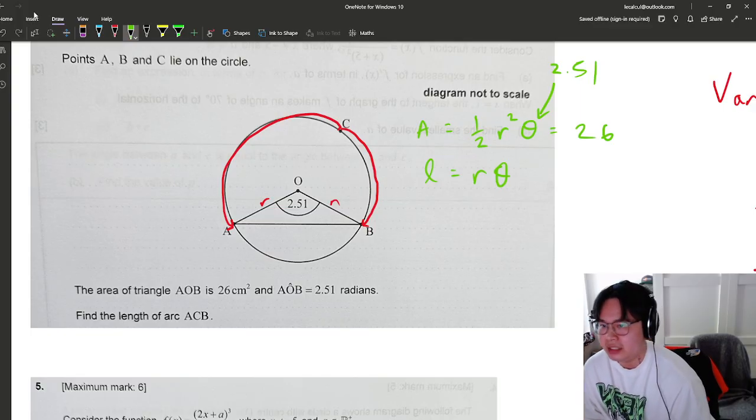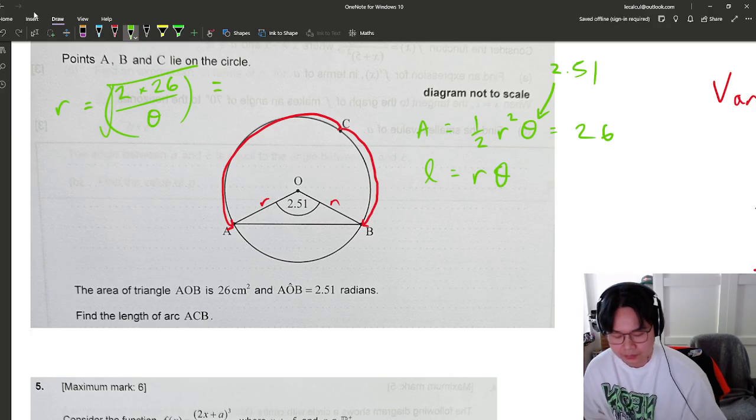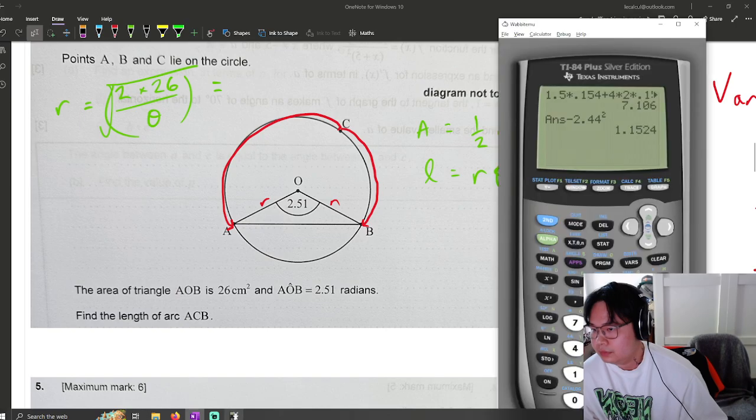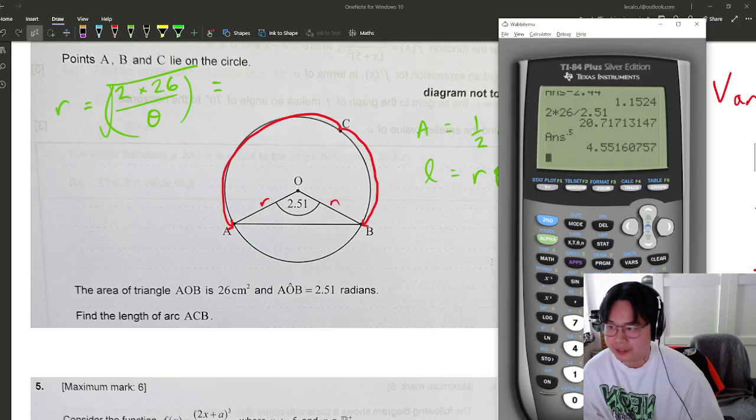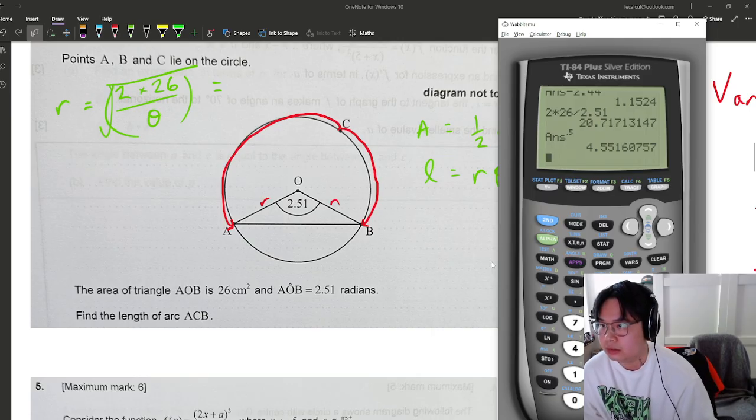So from here, this means that your radius is the square root of 2 times 26 divided by theta, so 4.55 centimeters.